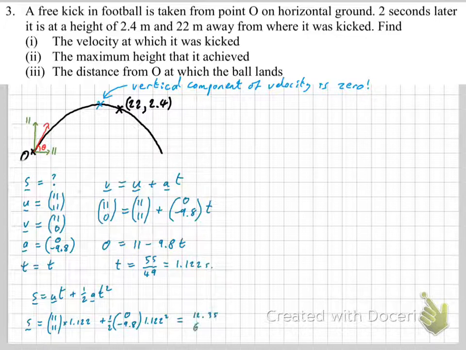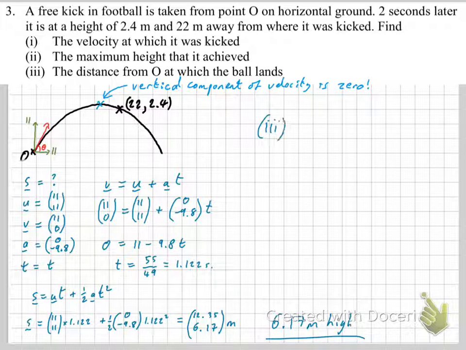Calculate both components and we get 12.35 and 6.17. It's measured in meters, and that gives us the coordinates of our highest point here. So to answer the question, the maximum height that it achieved is just the y component, 6.15 meters. Okay, great. Seems reasonable as well, doesn't it?